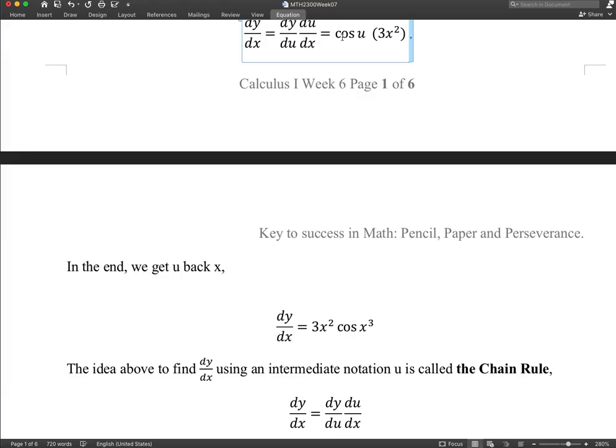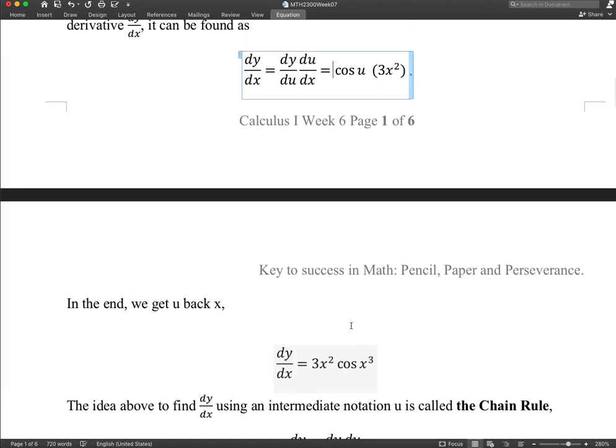Make sure you let people know this is not a part of cosine. So what I did was simply move the 3x squared to before cosine. So clearly cosine is not applied to this 3x squared. And then this is exactly what I got. Dy dx is 3x squared times cosine x cubed.